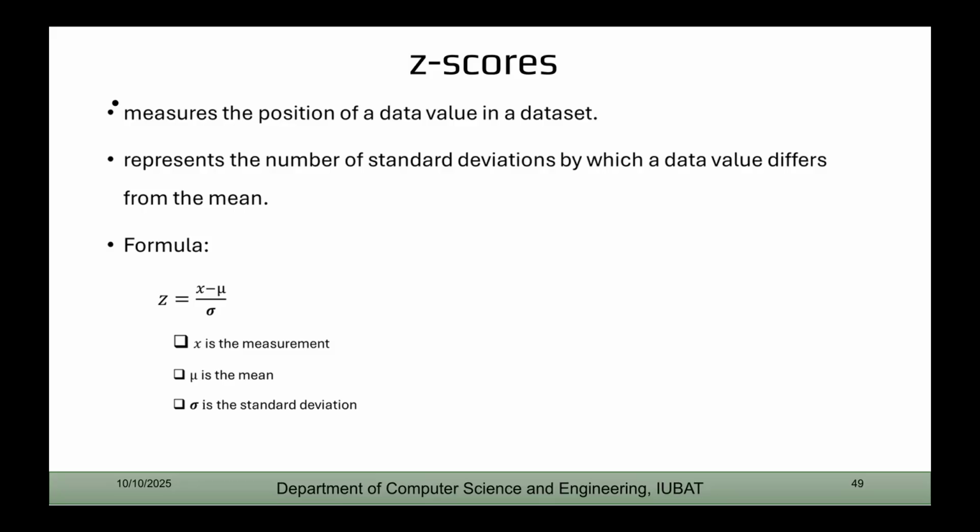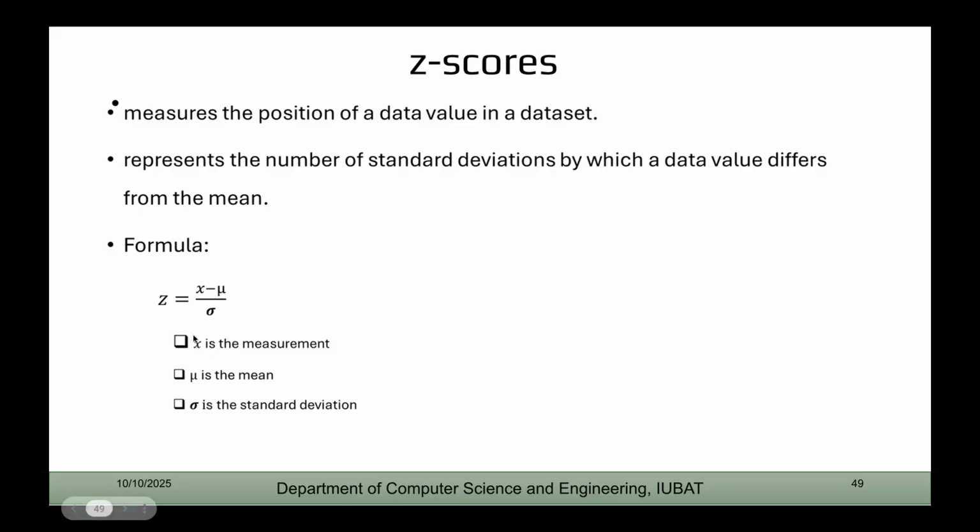That is the value that helps us identify the positions. So the Z score is denoted by Z, and the formula is x minus mu, where x is the measurement and mu is the mean, divided by the standard deviation.